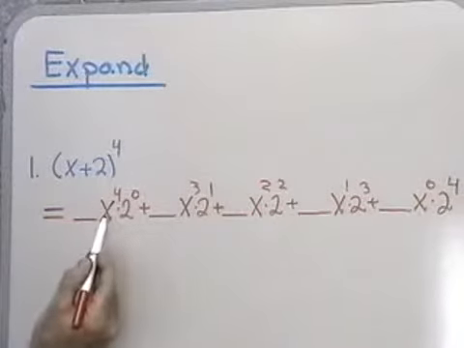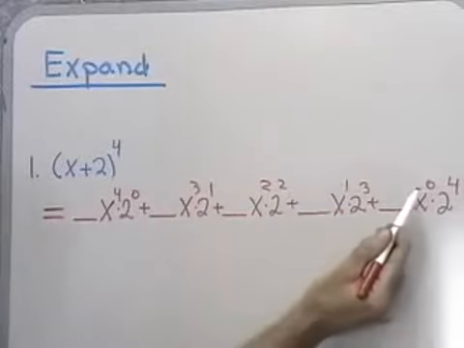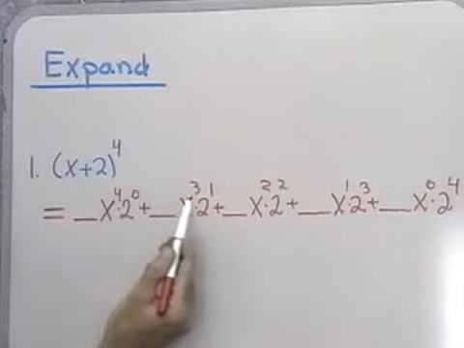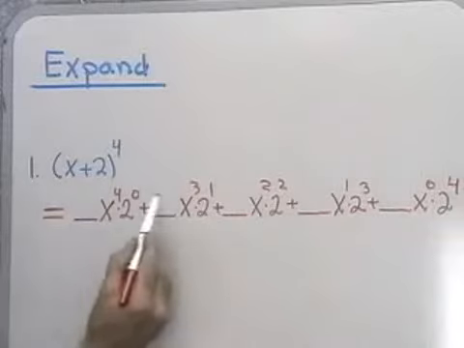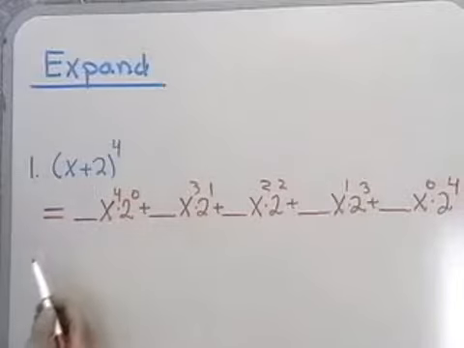So you can see that the exponent on x starts at 4 and decreases by 1 each time till I get down to 0. Likewise, the exponent on 2 starts at 0 and increases by 1 each time till it ends with 4. And the sum of the exponents on any one term is equal to this exponent 4.